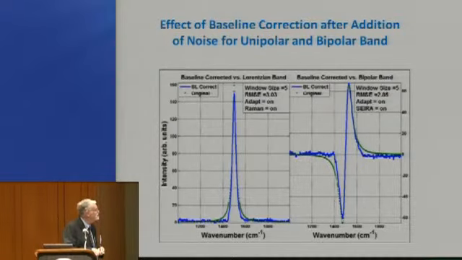And this is the baseline corrected spectrum. What happens is that it thinks the low gradient wings of the band are baseline. So the end result of that is that it sort of converts a Lorentzian into a Gaussian, but it doesn't distort the band at all.